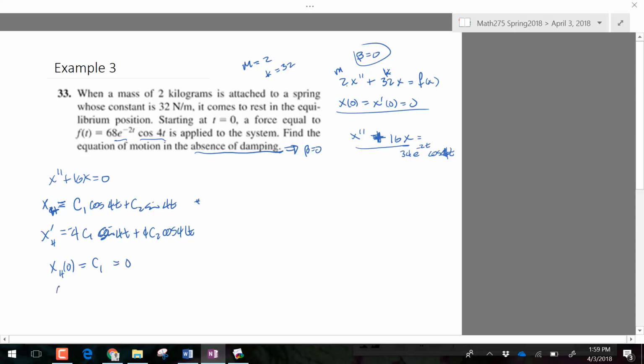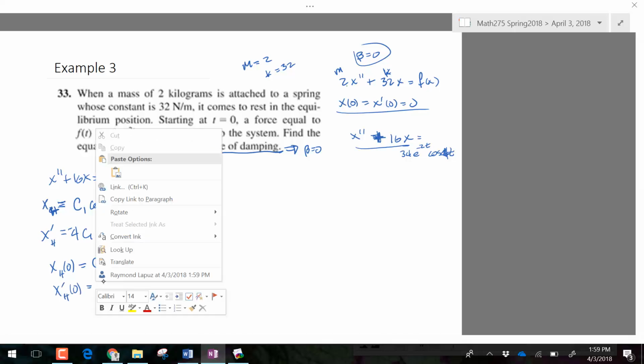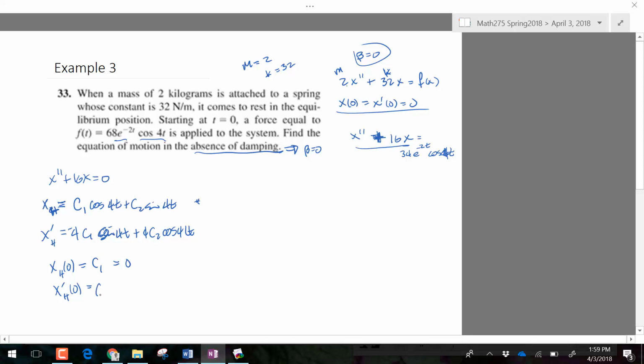And then that's going to be C2, and that's equal to 0. So C1 and C2 are equal to 0. This is not going to give any contributions at all because we're starting from rest. Everything is really going to function based on this F.